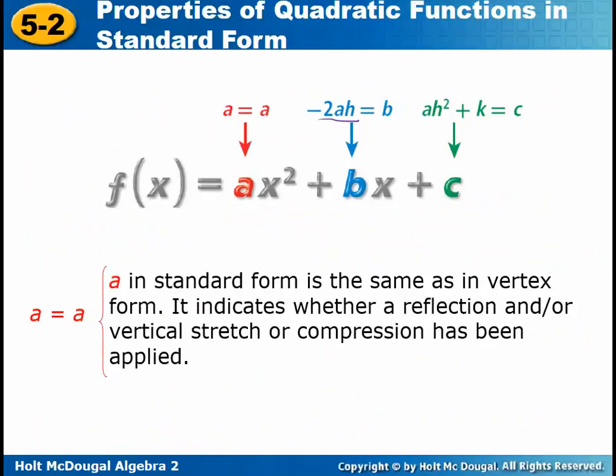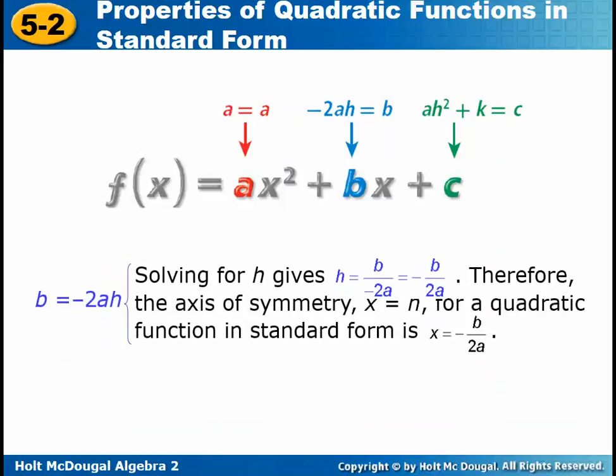So a is a, like I said. It tells you whether it's going to open upwards or downwards, and it tells whether there has been a stretch or a compression. b is negative 2ah. And if you solve for h, you can see that h is equal to negative b over 2a.